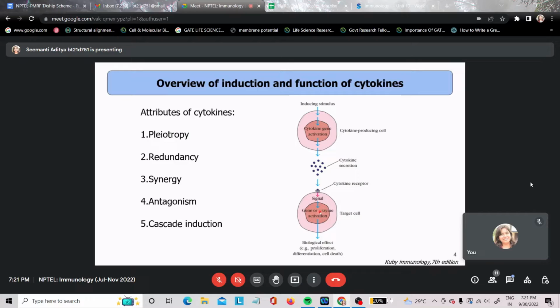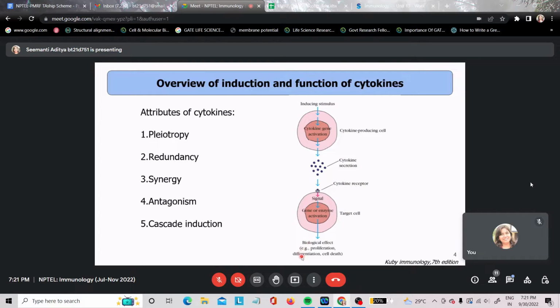So what are the gene activations? Gene activation for movement of this particular cell to a particular location, or it might be proliferation of this cell. If it is a B cell, then we need a lot of B cells for producing a lot of antibodies if there is a pathogen against which antibodies are produced. So the signal will allow these B cells to proliferate and grow in number, so that more antibodies are produced.